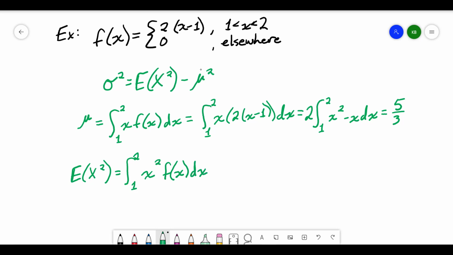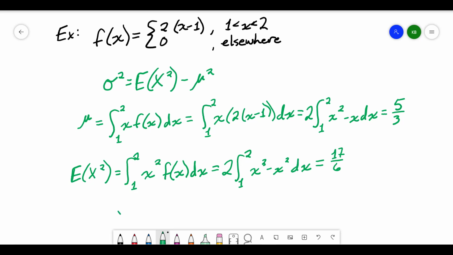And so when I do this, I'll actually be taking 2 times the integral from 1 to 2 of x cubed minus x squared dx. And after I integrate and do my substitutions and distribute my 2, I'll find that this is 17/6.